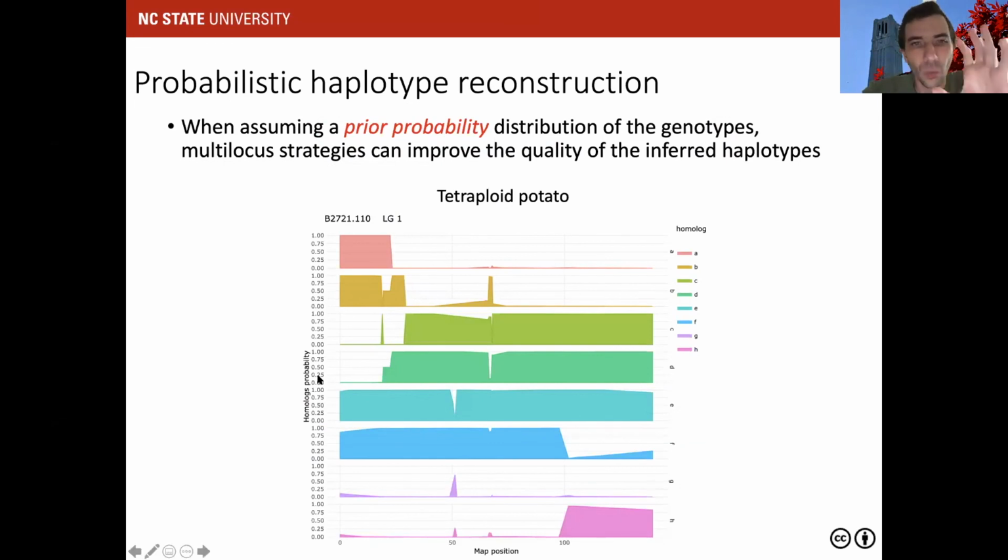So when you use the probabilistic approach to reconstruct the haplotypes, you have several noises in your data. And you need to take into account those noises because you can introduce false recombinant events there, right? Because you have a lot of noise in polyploids, especially in hexaploids.